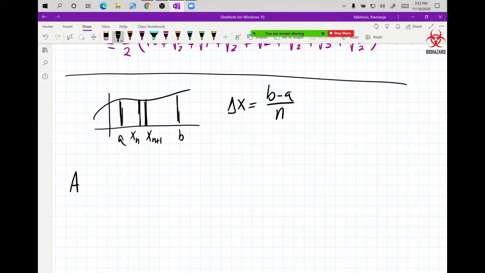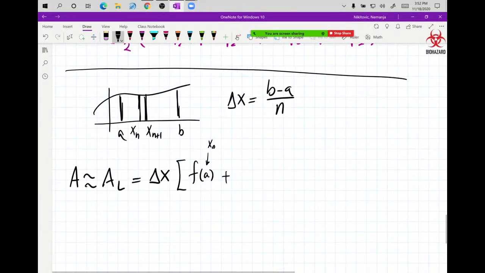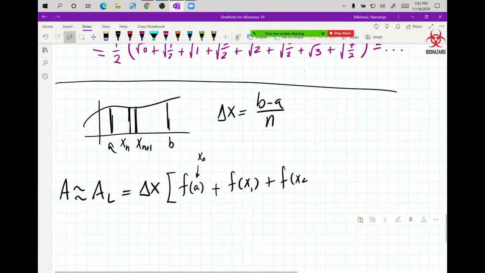And now your area is going to be approximated by the area from the left. Now each one will have delta x, so kick delta x outside, and inside the bracket you have f of a. Now that a is also known as x0. Plus, now you move 1 over, that's x1. Plus, move 1 over, x2.